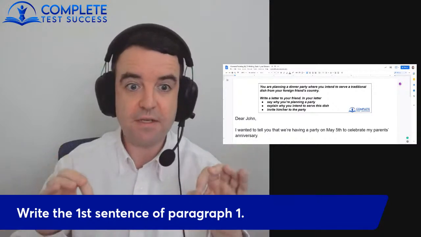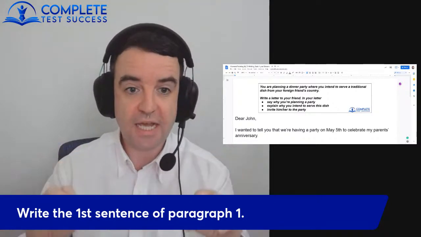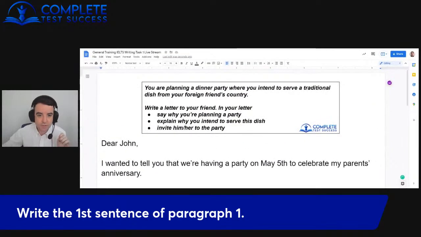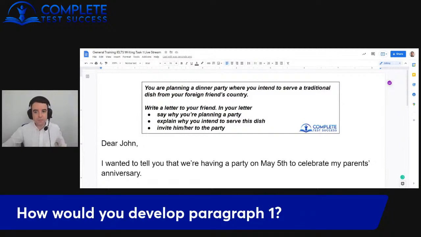I want you to specifically give the information asked for in the first sentence, which is exactly what Lorraine did. So the question says, why are you having a party? And the sentence says, to celebrate my parents' anniversary. Perfect. Okay. So once we've done that, we need to consider how we would develop paragraph 1. So that's what I want you to do next. And basically what you're doing is you have to continue talking about the same thing.